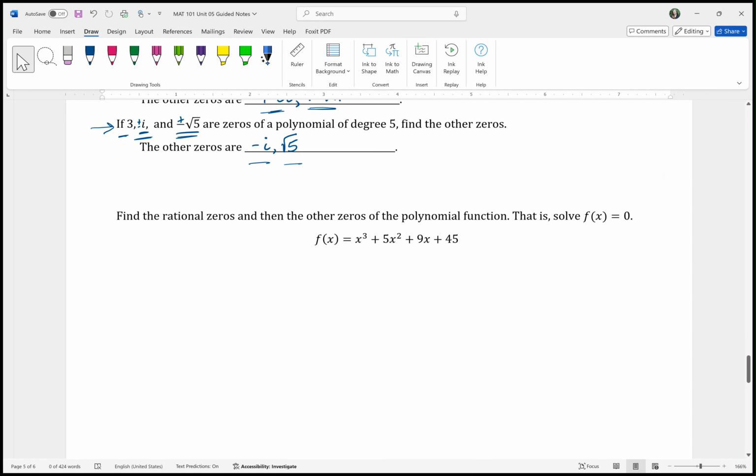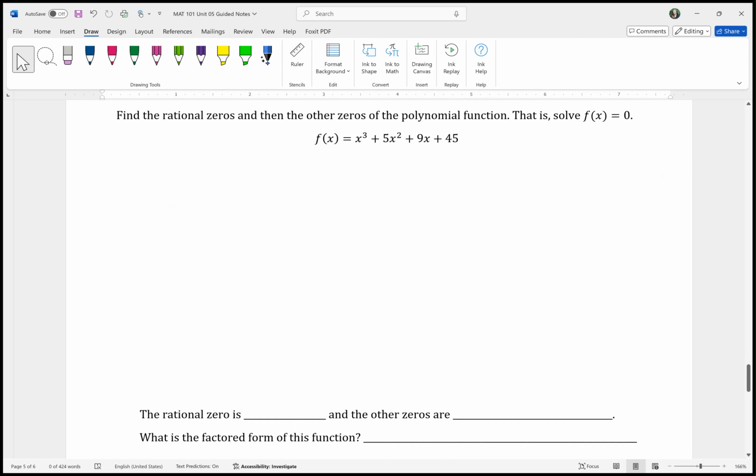Let's look at our first example here. Find the rational zeros and then the other zeros of the polynomial function. That is, solve f of x equals 0. So we have our rational zeros here. We have our function here, x cubed plus 5x squared plus 9x plus 45.